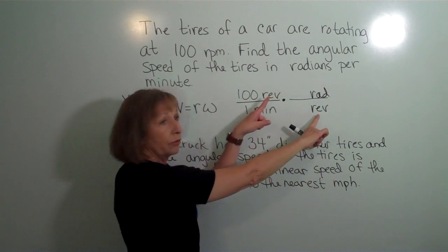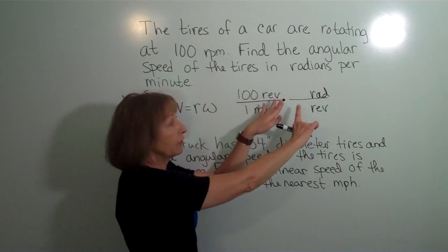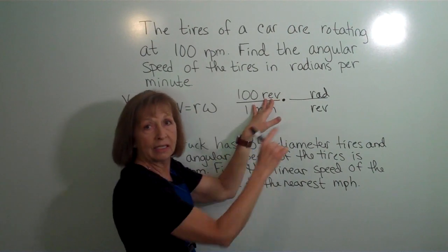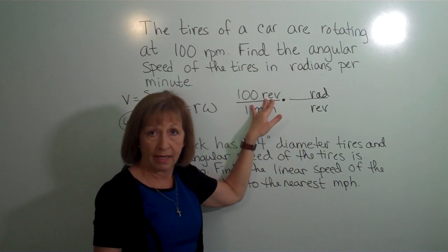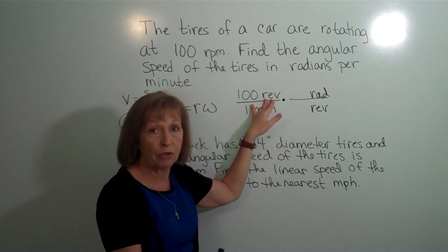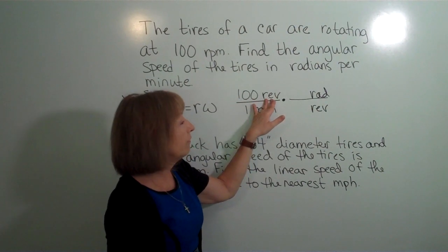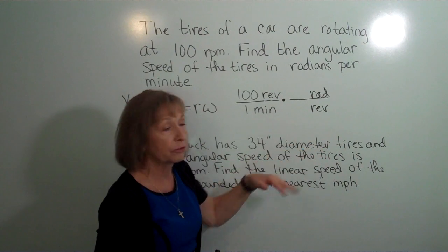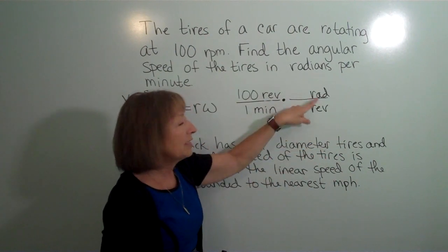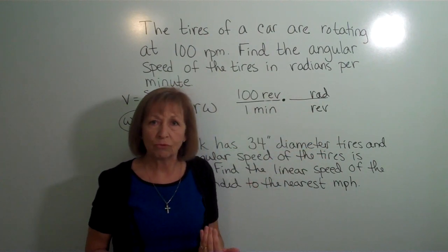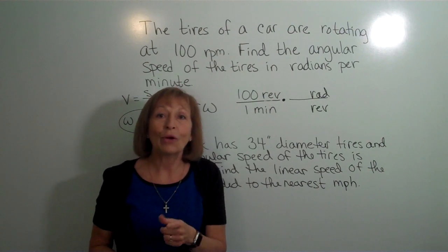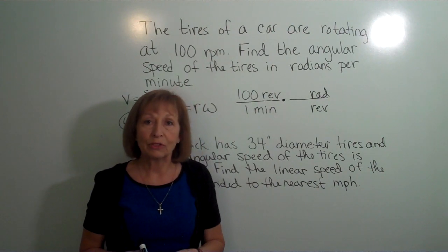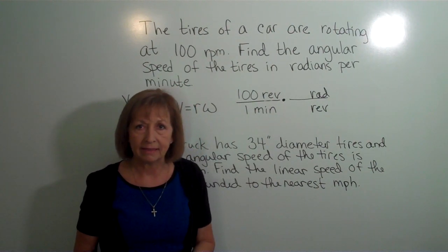And remember, when you're setting up your unit conversion factor, wherever the unit is that you currently have but don't want anymore, you have to go to the opposite place of the fraction to be able to remove it. Now, what's the relationship between radians and revolutions? This is going back to the circle that we talked about when we learned about radians.